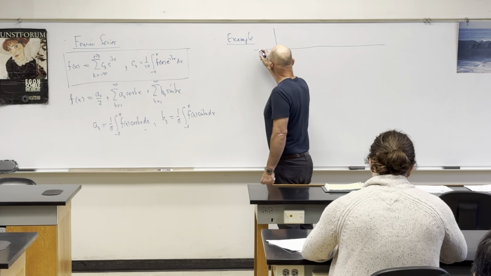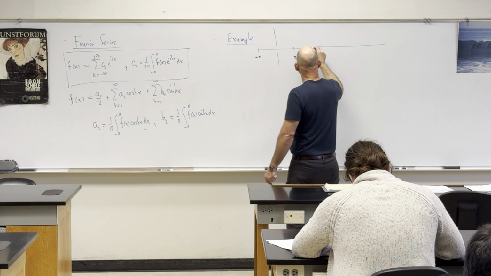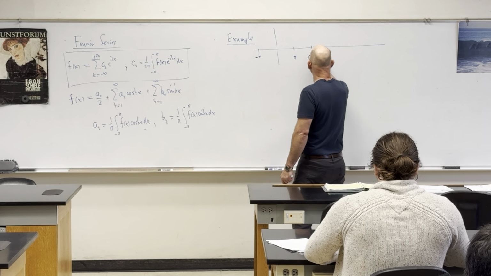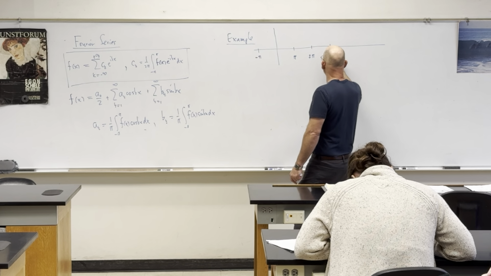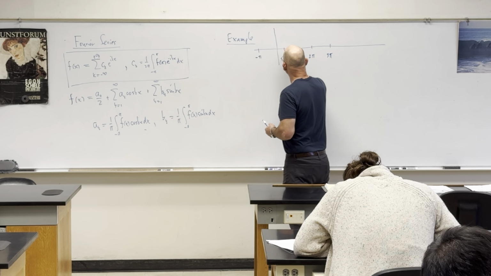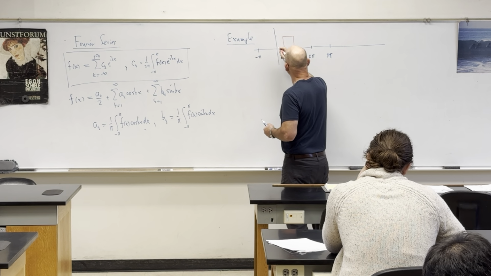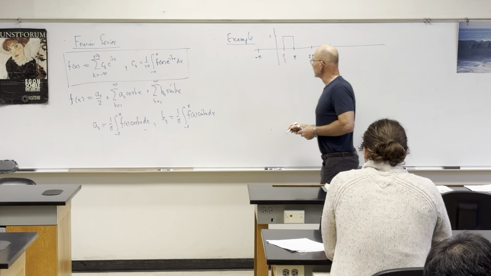So I'm going to do this: minus pi to pi, 2 pi, 3 pi, but my pulses are like this. From pi over 2 to pi, I have a pulse, you know, some height c.